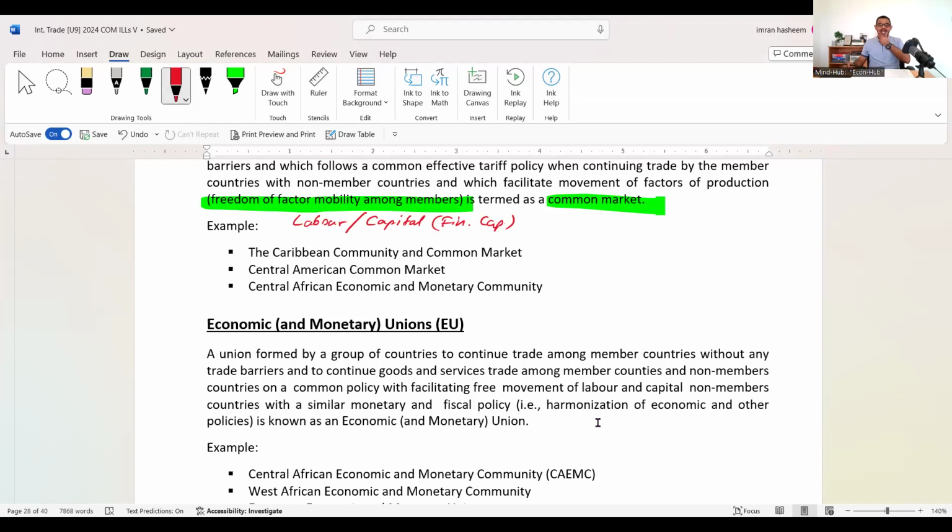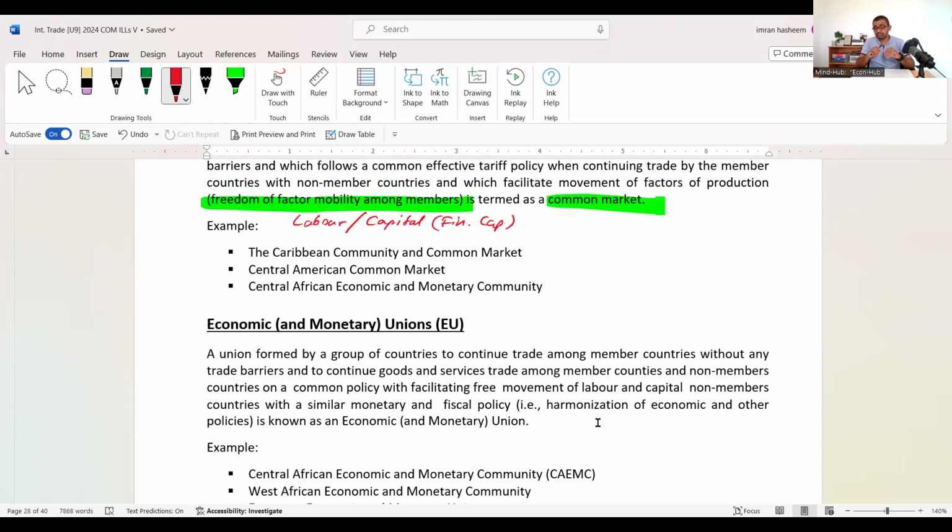Get it? First it was tariff uniformity, the customs union. Then common market, you remove barriers to factor mobility. All countries become integrated into one market, freely movable.